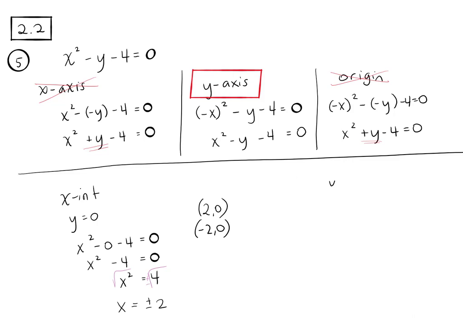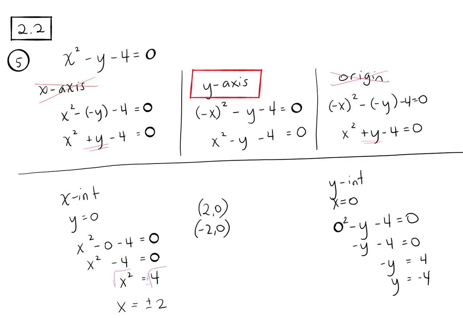Alright, let's look for any y-intercepts. And to do that, we're going to plug in the value x equals 0. And so we're going to get 0 squared minus y minus 4 is equal to 0. That just becomes minus y minus 4 is equal to 0. I get negative y is equal to positive 4, or y is equal to negative 4.